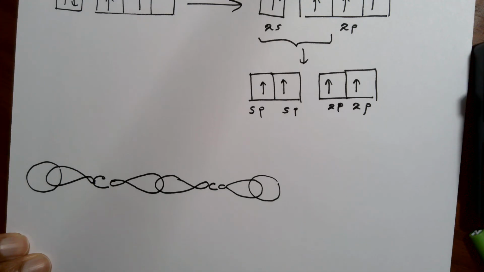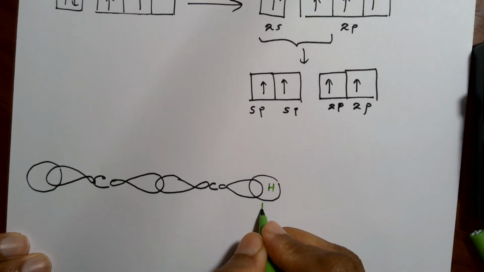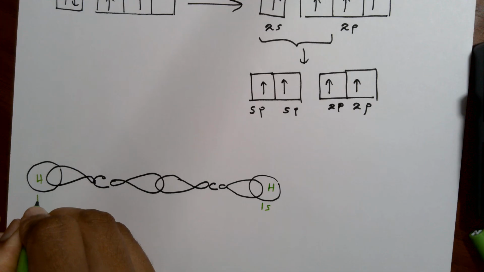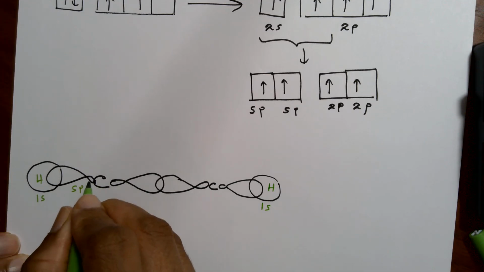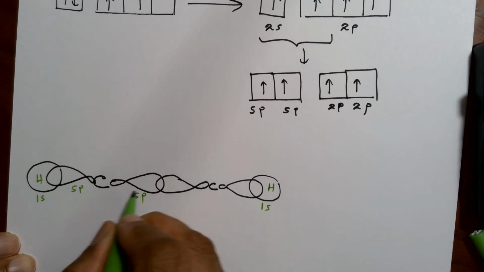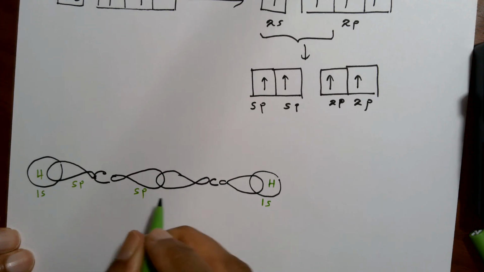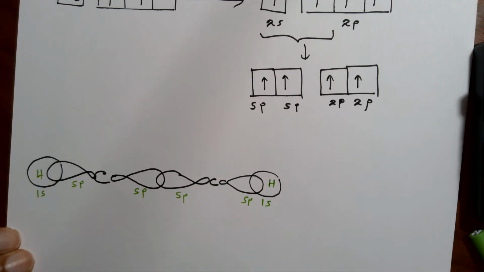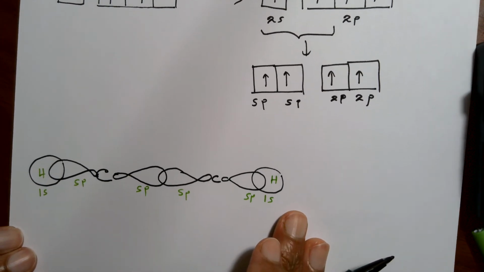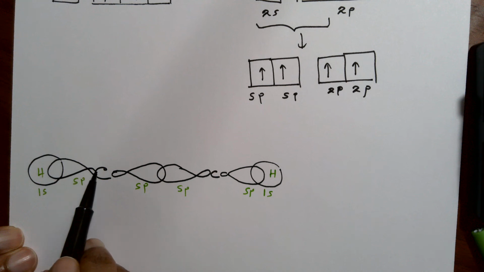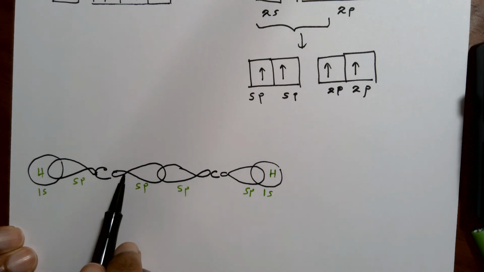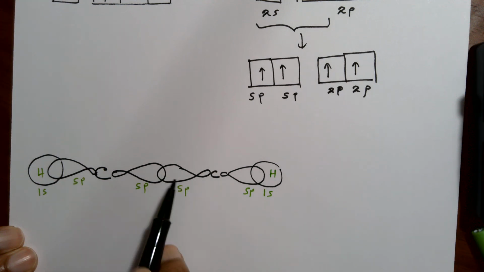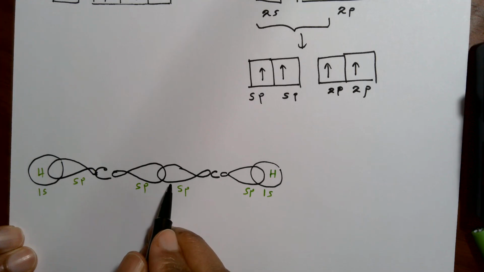So these are hydrogen 1s, and these are the sp orbitals of this carbon and the second carbon, like this. Again, like I explained previously, along the internuclear axis these two carbons' sp hybridized orbitals overlap, so it makes a sigma bond.